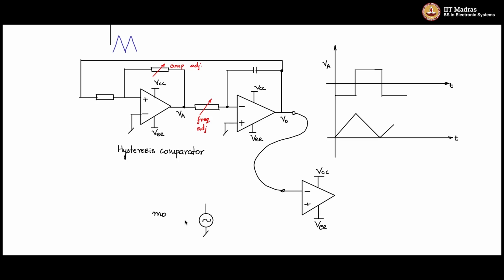Let's say we give a sine signal, some modulating signal, and connect it here. This will be the output, which will give the PWM. I'll call this V0, and this V0 I will change to V triangle, VTRI. So VTRI is given here, compared with the modulating signal. The comparator does the job, and then you get high and low here, V0, PWM.